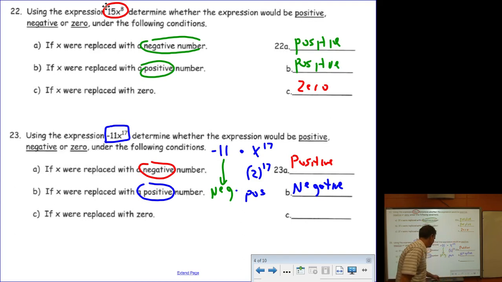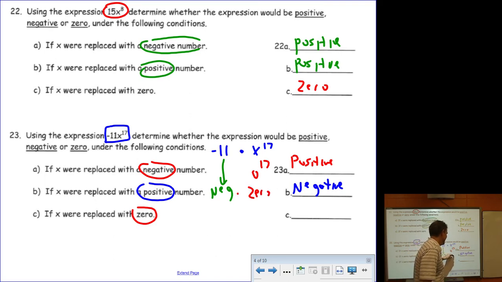And then last up, 0. I don't know if I need to always do this one. When you put 0 in for x, 0 to the 17th, of course, is 0. And a negative number times 0 is 0.